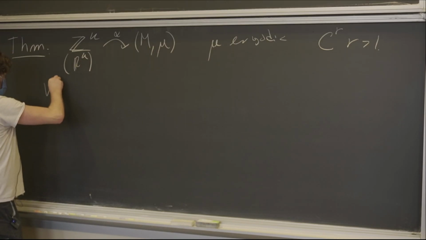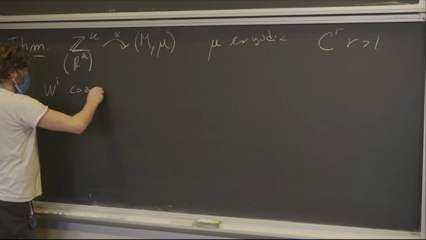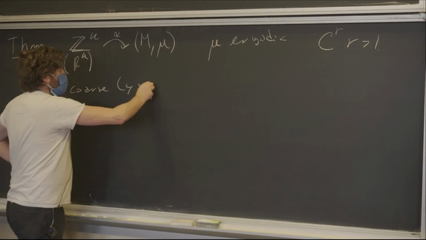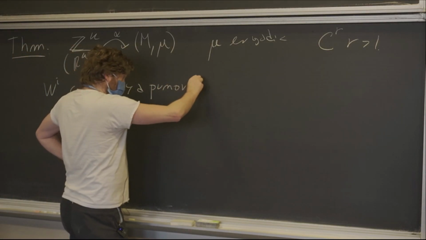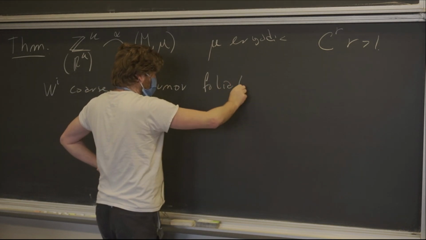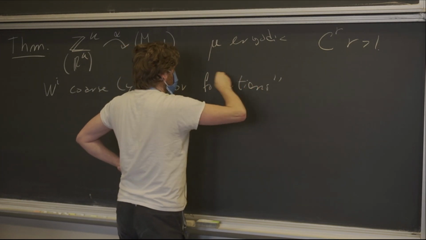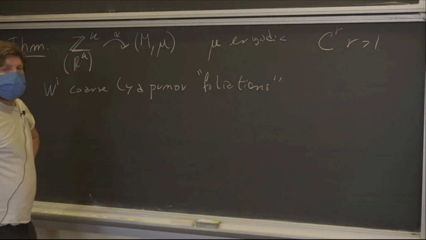We have the Wi, where the coarse Lyapunov foliations. So these foliations are in the Pesin sense.